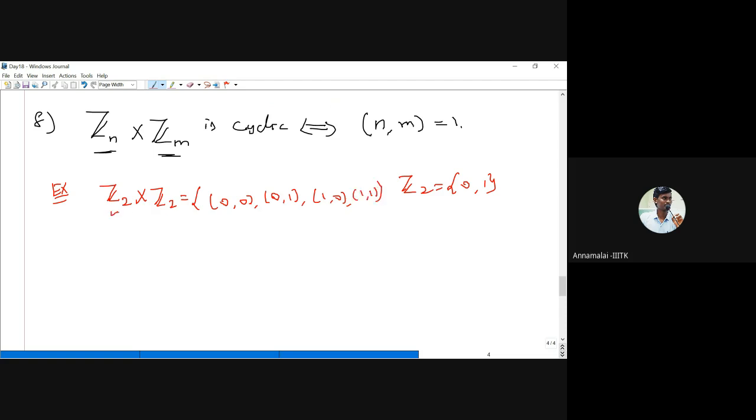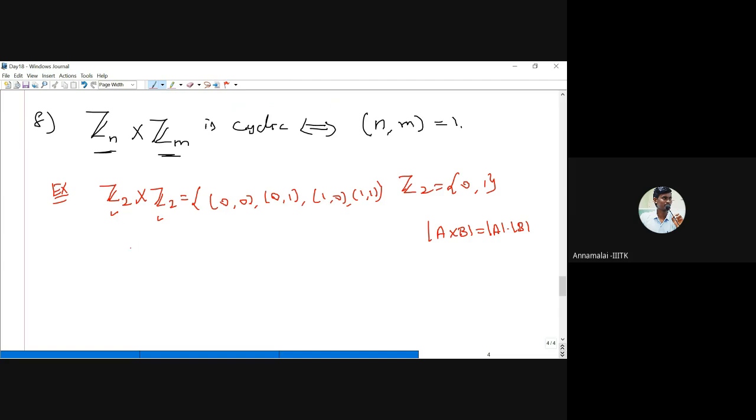Because each contains two elements, we know the formula for the order of the Cartesian product A cross B, where A and B are finite sets: it's the cardinality of A times the cardinality of B. Now 2 times 2 is 4 elements. We list all the 4 elements, and this group is with respect to point-wise coordinate addition.